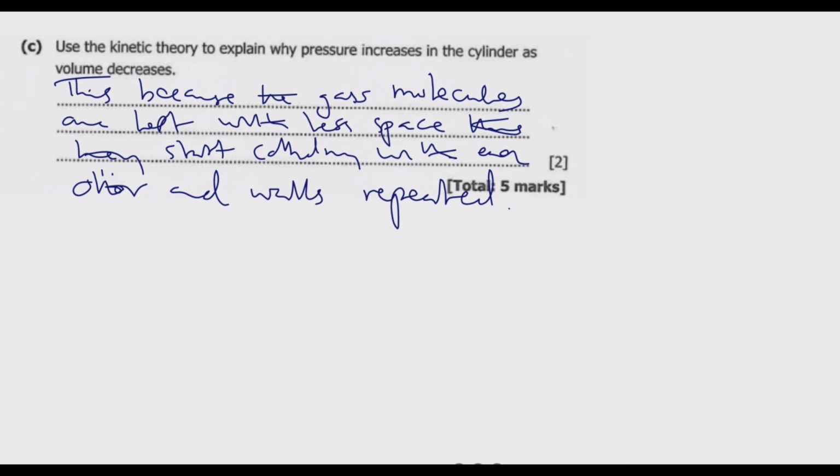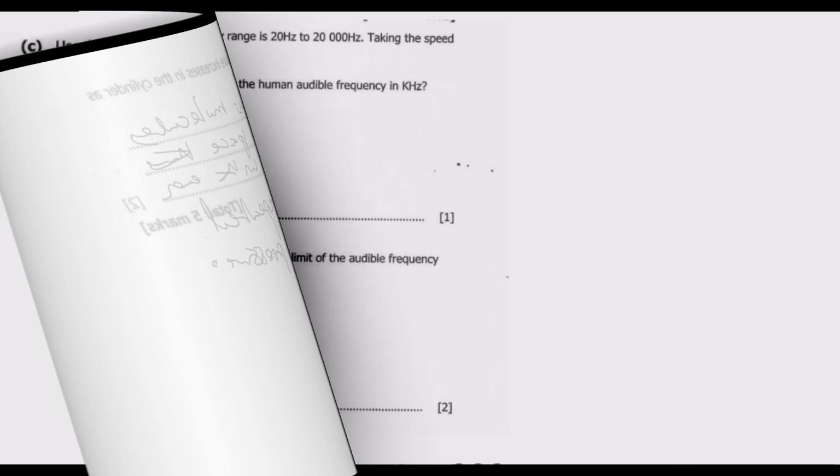Because of that, this increases the pressure. The pressure increases with more collisions. Since they are colliding against each other and the walls more often, there is more push to expand, so there is a force exerted on the surface area, hence the pressure goes up. So this is how you get the 5 marks.